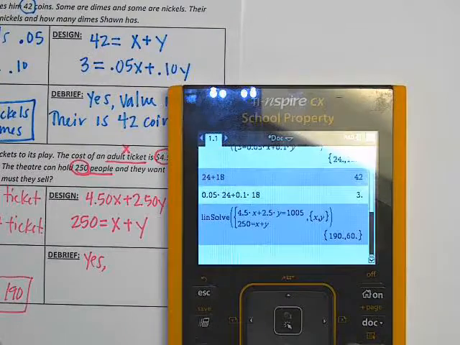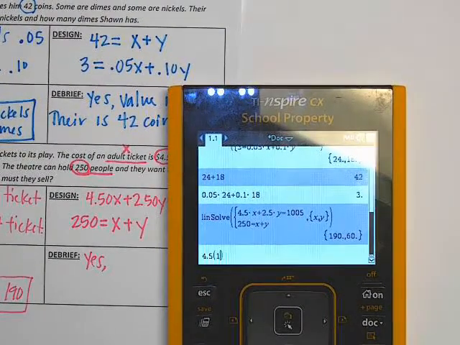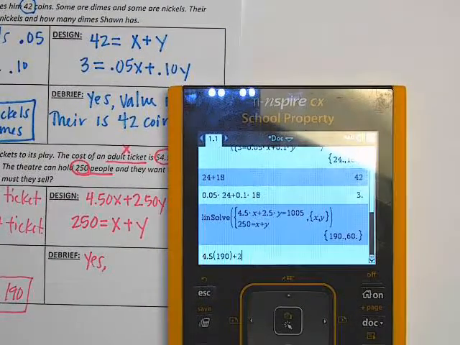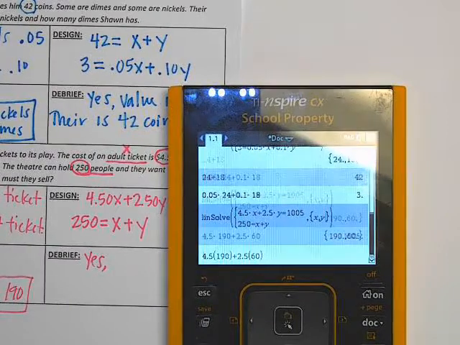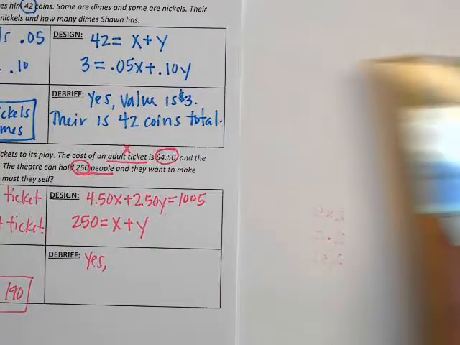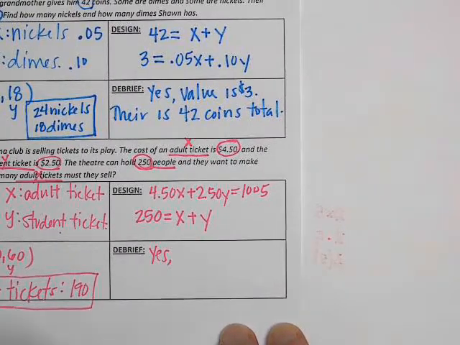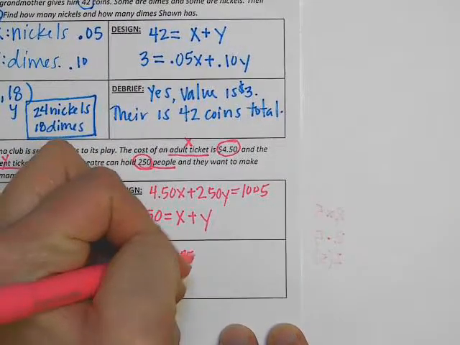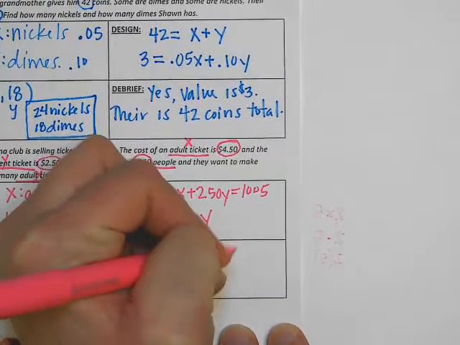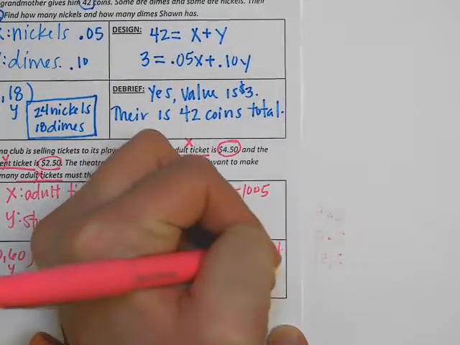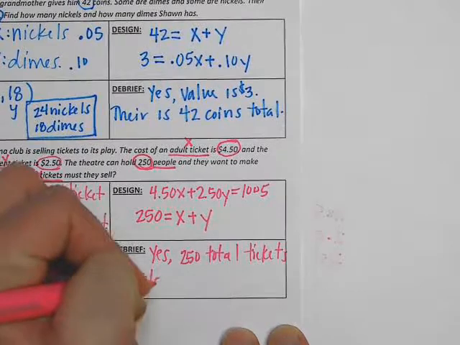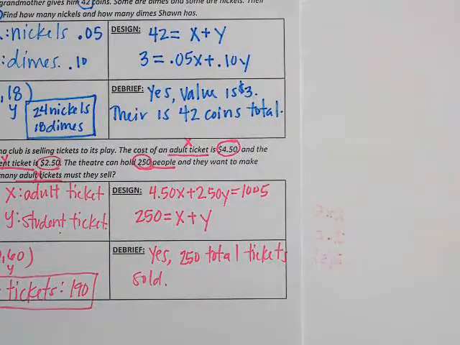So here I go. 4.5 times 190 plus 2.5 times 60. Does that give me 1005? Yep. So we are right. 250 total tickets sold. Okay. I plugged them back into the equations and it makes sense for both equations.